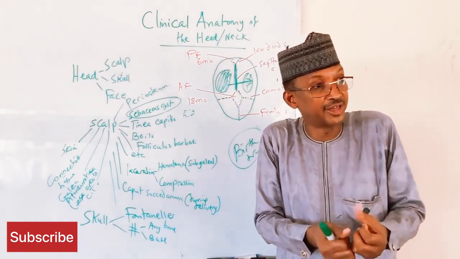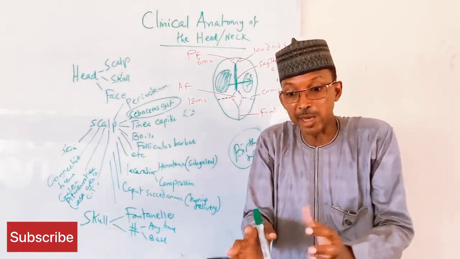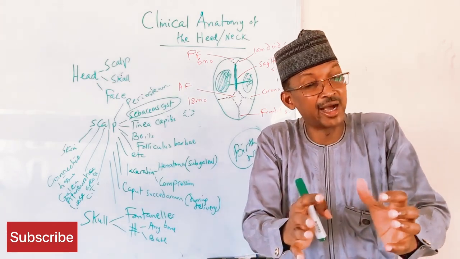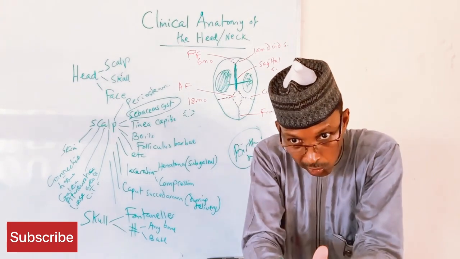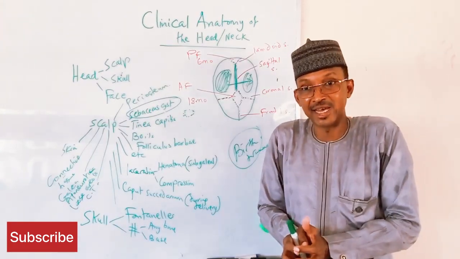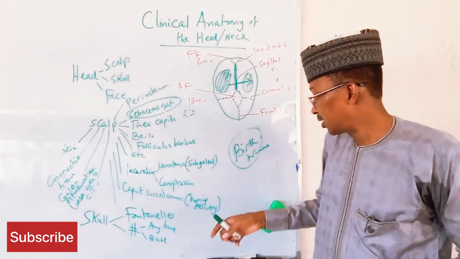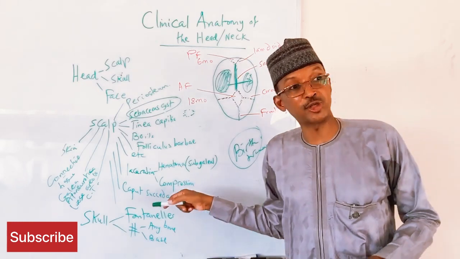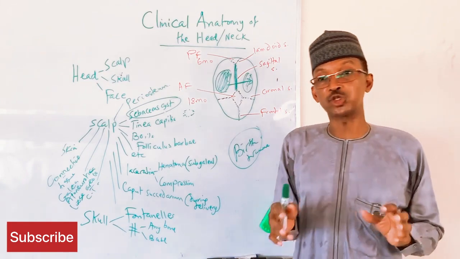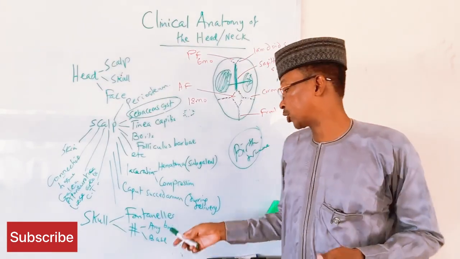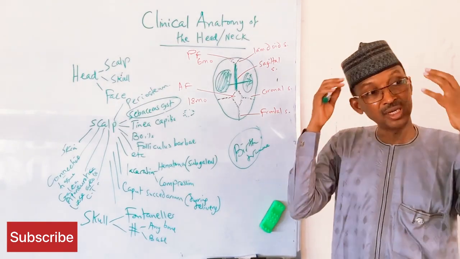Or if it is in the clinic, the doctor may use what we call forceps to bring out the head. Because the forceps is just like a fork or spoon, you grab the head, you drag the baby out of the vagina like that. So as a result of that forceps, the pressure you apply on the head, the baby may have this accumulation of serous fluid in the head, but it resolves on its own without any treatment. That is what we call caput succedaneum, accumulation of serous fluid in the scalp.